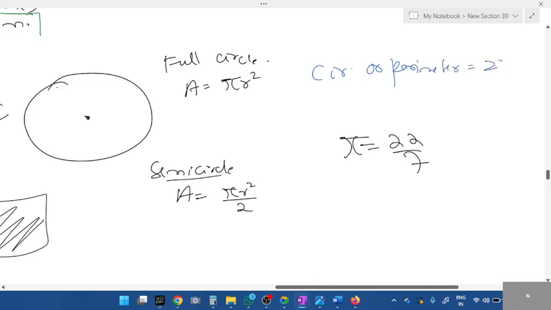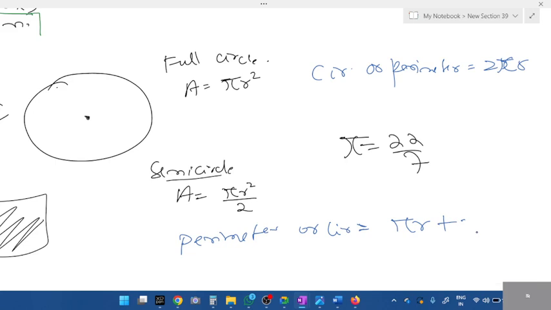The formula is 2 pi r. And for semicircle, whether perimeter or circumference, the formula is pi r plus pi r. What's the formula? 2 pi r. Just a minute.